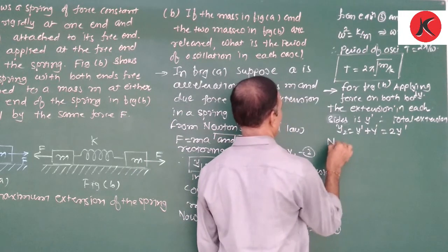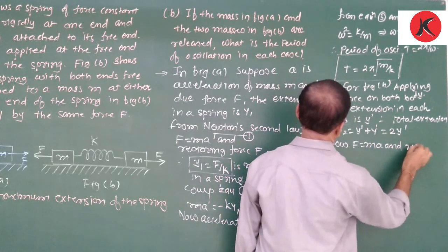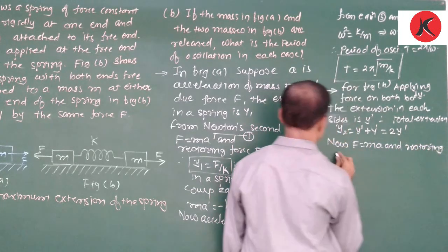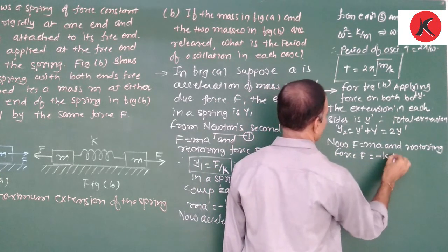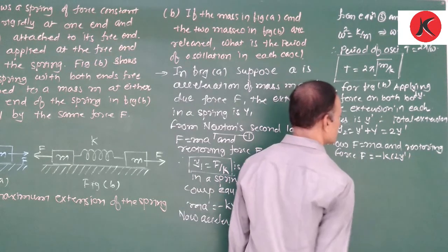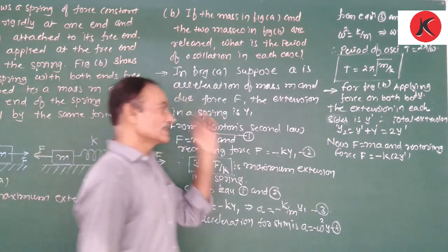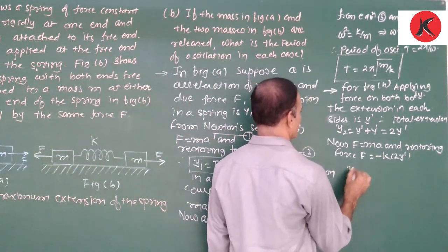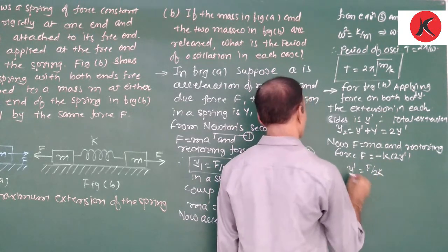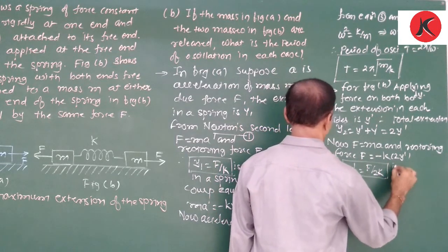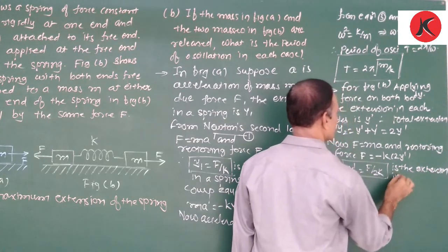Now, F is equal to ma and the restoring force F is equal to minus k into 2y dash. Therefore, y dash is equal to y2 upon 2, the extension in each spring.